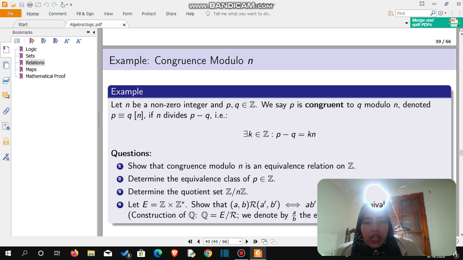We studied this in high school. That is equivalent to: there exists k in Z such that p minus q equals k times n.